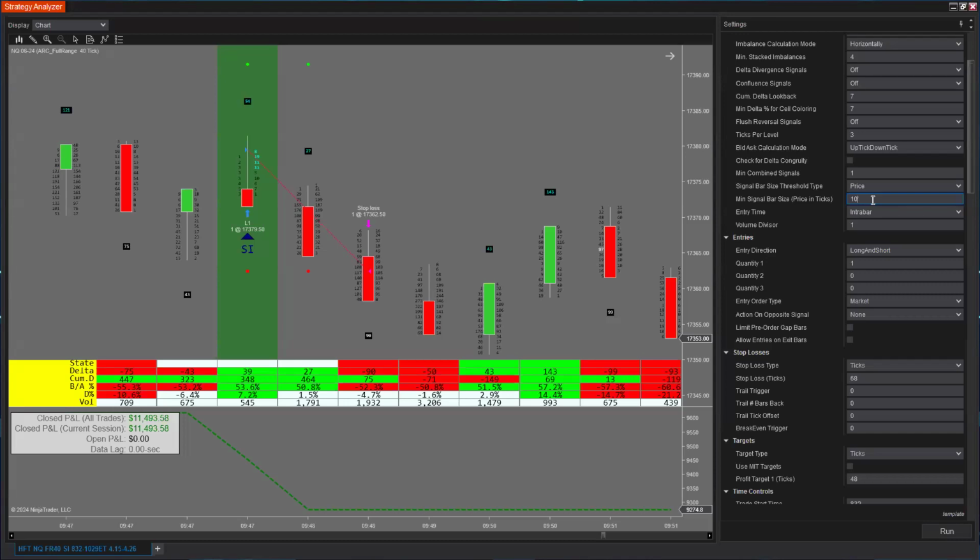In other words, when that bar is 4 price levels high, from high to low, then you could have a signal. But let's say that you want to have that bar develop a little bit more before you take signals on it. So what that setting does is it says, well, the bar has to be a certain size before we'll even allow signals.